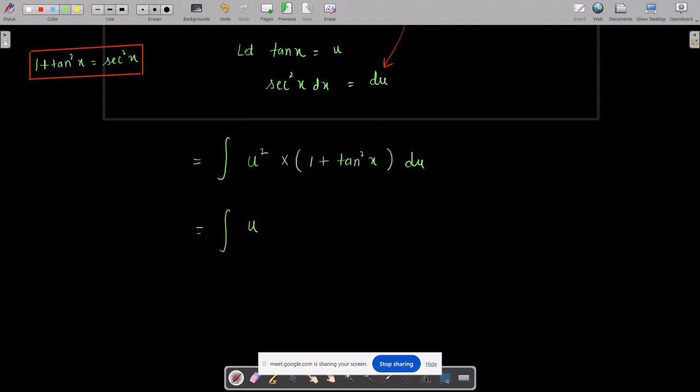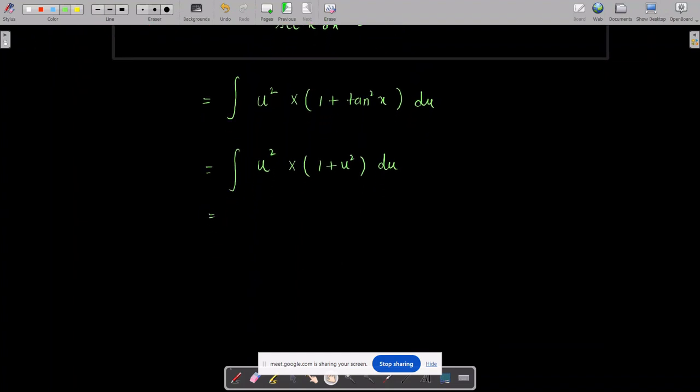Now this is simple. U square times 1 plus u squared du. Then you distribute: u squared plus u to the fourth du. And then you integrate it: u cubed over 3 plus u to the fifth over 5 plus c.